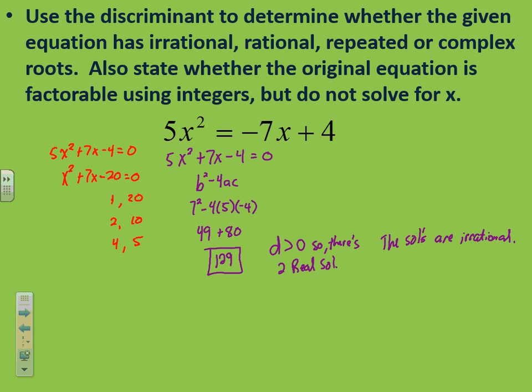And you can see in no way, no matter how the signs are placed, is there a way that I can combine those numbers through addition to give me a 7. So that is the evidence that proves that whenever the discriminant is not a perfect square, we can't factor it. We would have to solve that using the quadratic formula.